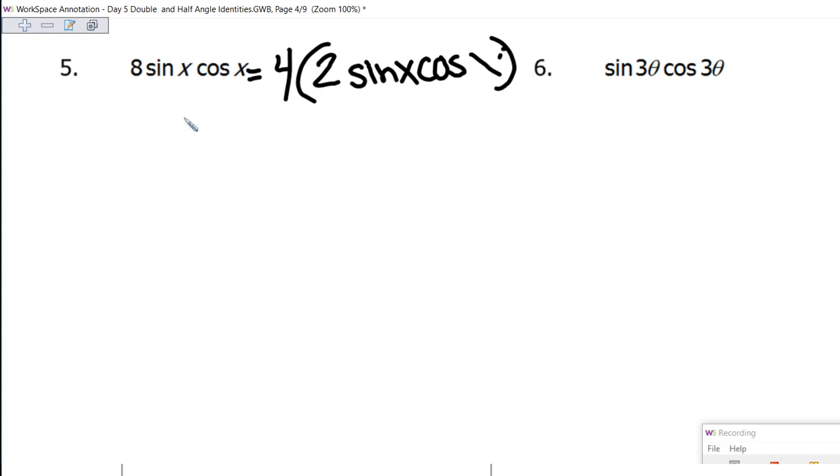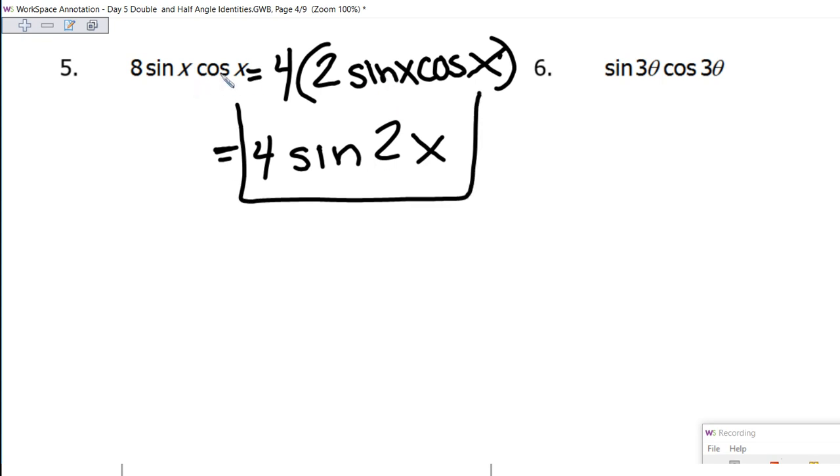So bring down the 4, and 2 sine x cosine x, is that the formula for sine of 2a, cosine of 2a, or tangent of 2a? Sine of 2a. So this is 4 times the sine of 2a, but instead of a, they're using x. I'm just going to erase that multiplication and just put x. So 4 times the sine of 2x.